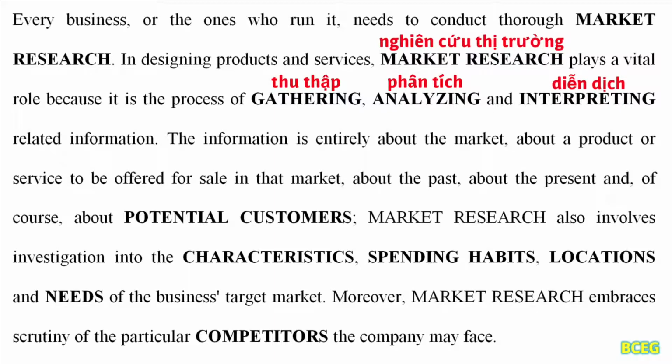The information is entirely about the market, about a product or service to be offered for sale in that market, about the past, about the present, and of course, about potential customers.